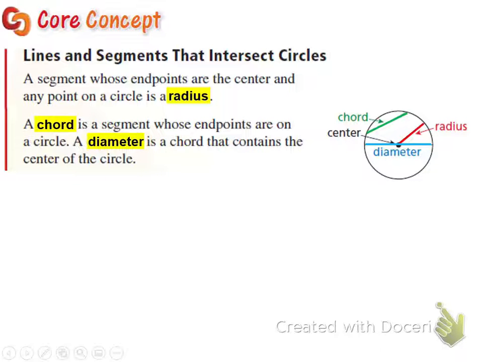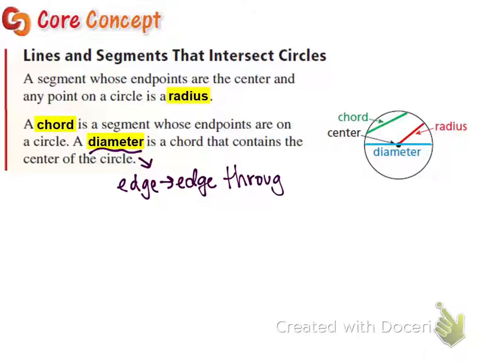A chord is a segment whose endpoints are on a circle. A diameter is a chord that contains the center of the circle. Here's what you can say for diameter. It goes edge to edge, but in specific, what makes it different than just a regular chord? Through the center. Perfect. So edge to edge through the center.